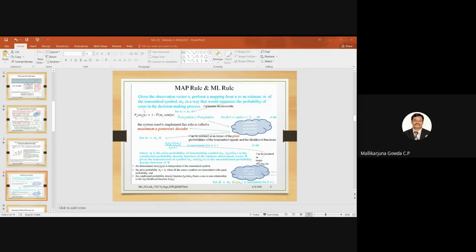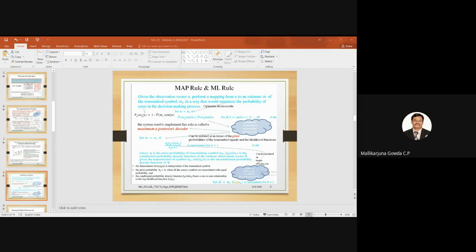What I wanted to say with respect to this is, it can be restated in terms of the prior probabilities of the transmitted signal and the likelihood functions. What is that? Let us set m cap equal to mi if this product holds, right?